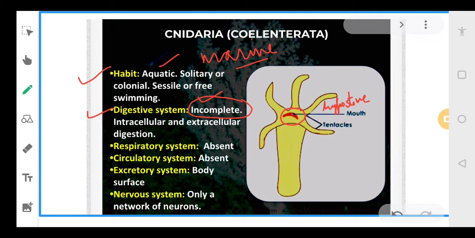That is why the digestive system is incomplete. And the digestion can be intracellular or extracellular, meaning digestion may occur inside the cell or outside the cell. And as I told you, they are referred to as Cnidarians.